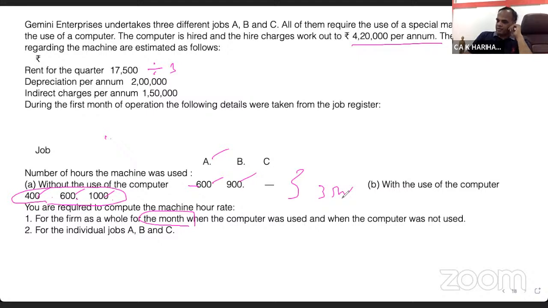But whether computer is used or not, machine A has worked, machine B has worked, machine C has worked. While working machine A or B or C, sometimes the computer helped, sometimes it did not help, but the machine has worked. That's the reason the denominator is 3,500, the total combination of 600 plus 900 plus 400 plus 600 plus 1,000. Understand?